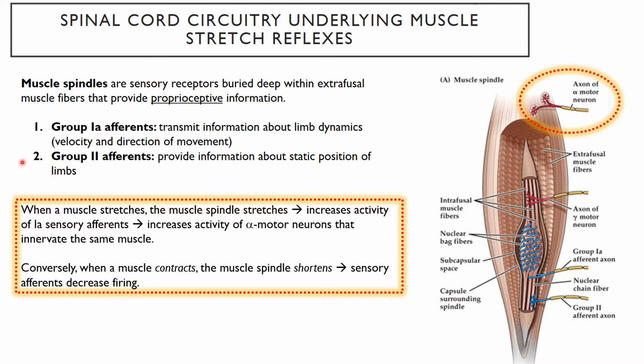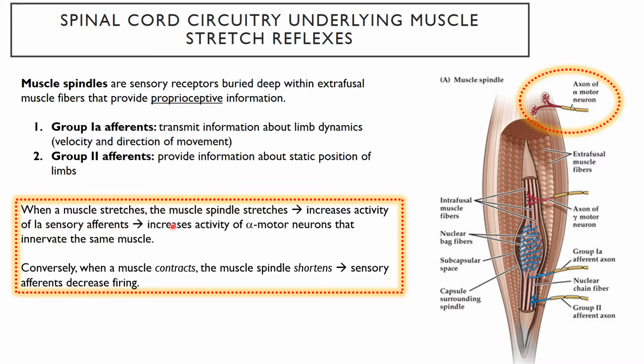So some of what we learned about proprioception and pain is going to be informative here. The muscle spindles, these are the sensory receptors that are buried deep within the extrafusal muscle fibers, provide proprioceptive information. We learned about those in the somatosensory portion of this course.